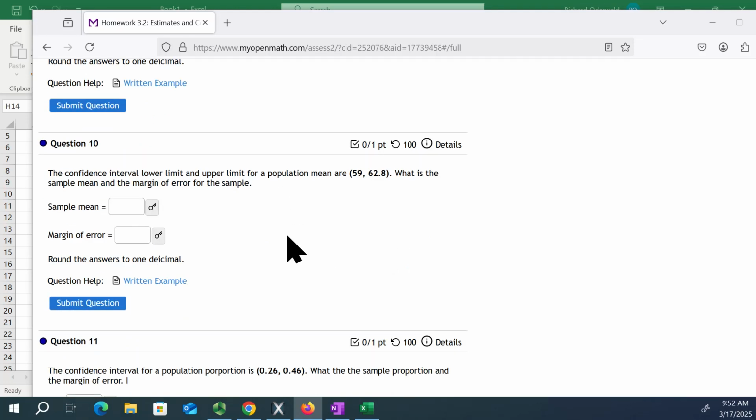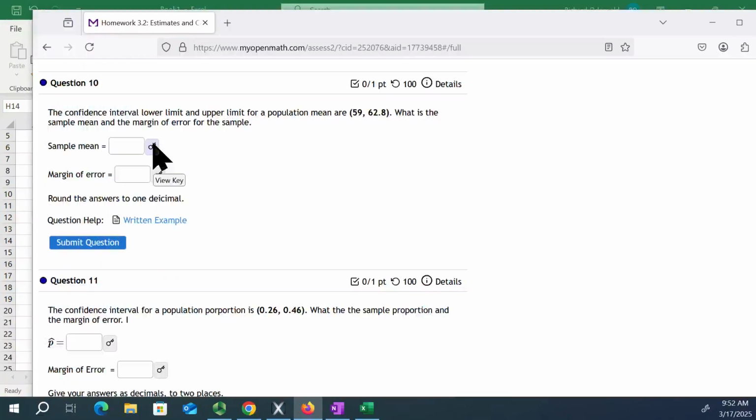This is another one. 59 to 62.8. What's in the middle? What's the average? And what's the margin of error? What's in the middle of 59 and 62.8? 60.9. Average 59 and 62.8.